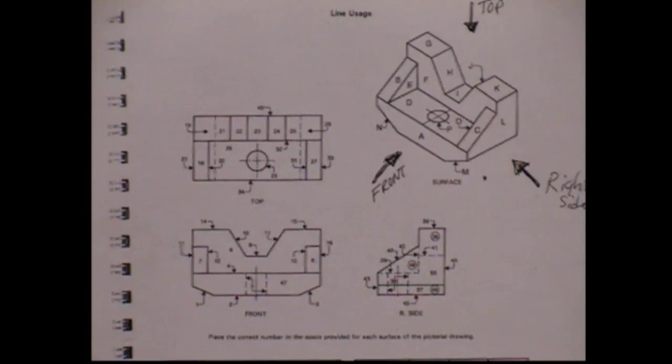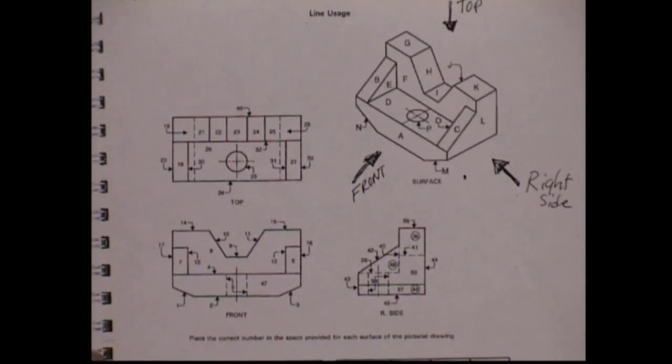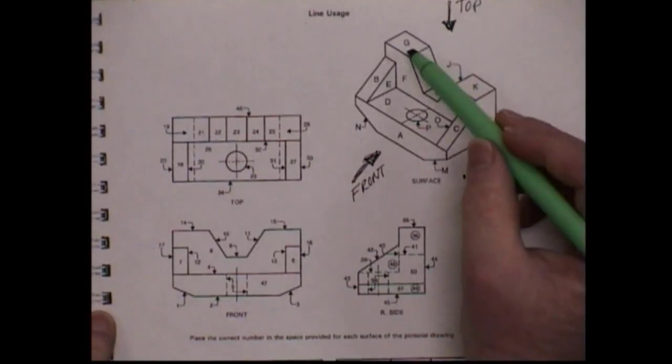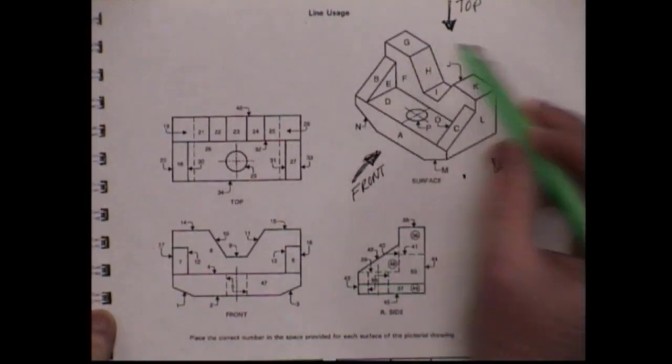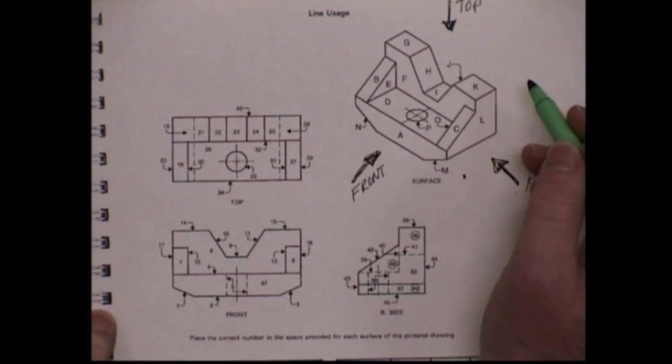So when we are looking at all of these surfaces, sometimes it helps to color them in. If I use green for the top view, will we see G in the top view? Surface G? Anybody?